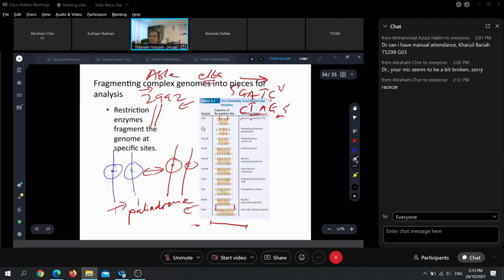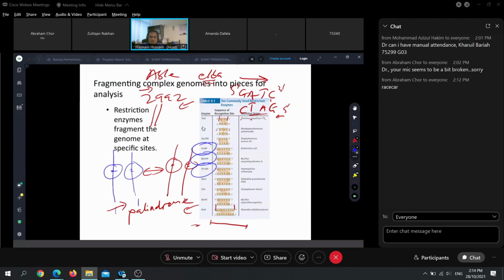HindIII. So these are usually common restriction enzymes: EcoRI, BamHI, HindIII. If you can recall the sequence, it is fine, but not necessarily that you have to memorize this. I don't go by that requirement, right?